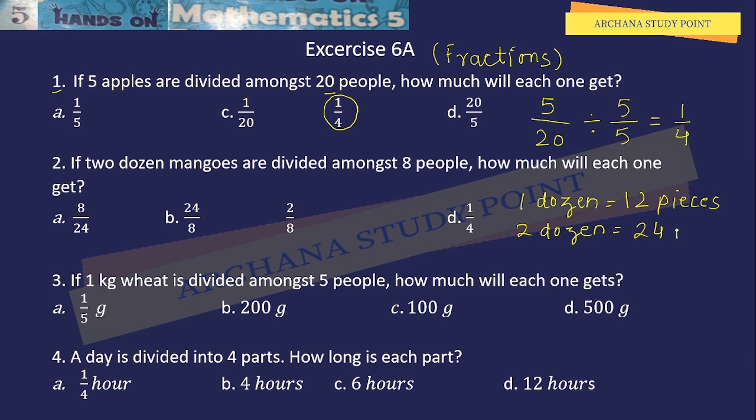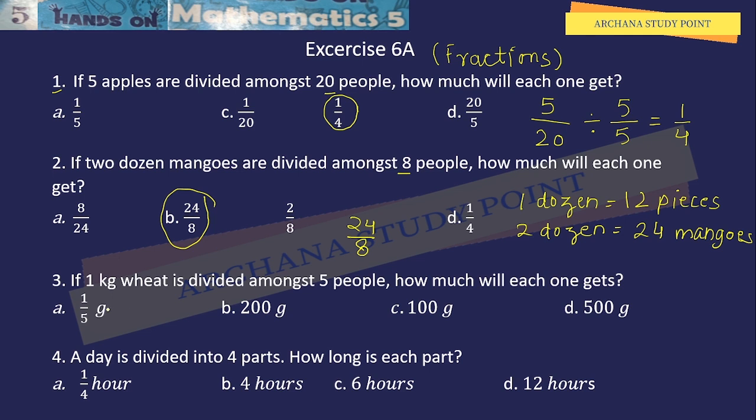So 24 mangoes are to be divided among how many people? Among 8 people. So we will divide 24 by 8 and let's start reducing. Okay, so what is the answer over here? It is option B. 1 kg wheat.